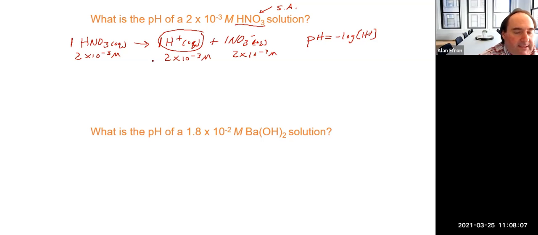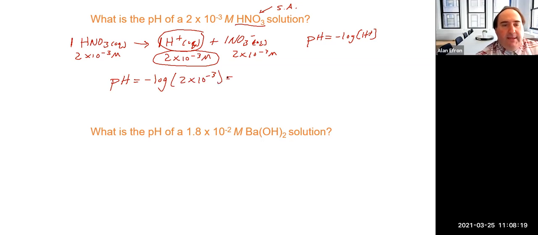We only really need this because that is now going to be the H plus concentration, which means we can now go into our pH, and that would give us 2 times 10 to the minus 3, and that would get us a 2.7 pH in this particular case.